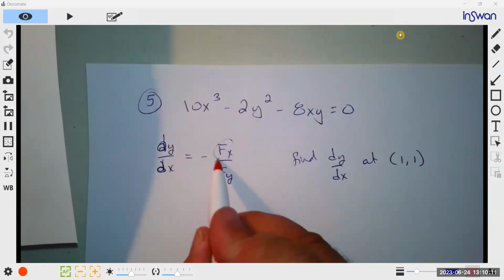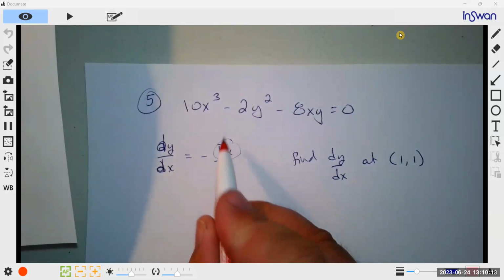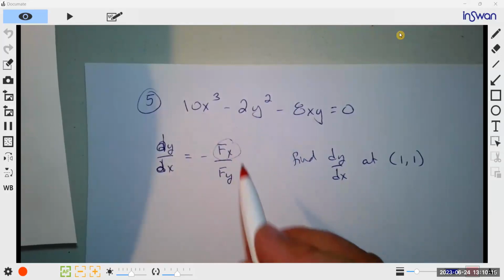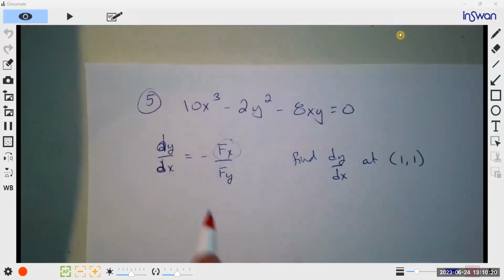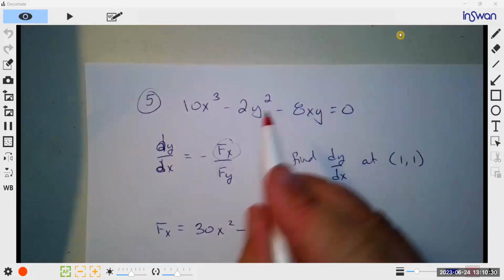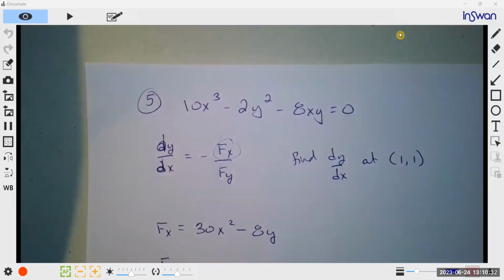So according to this, we have to find the partial with respect to x, and then the partial with respect to y. F_x is equal to 30x squared minus 8y. F with respect to y is negative 4y minus 8x.